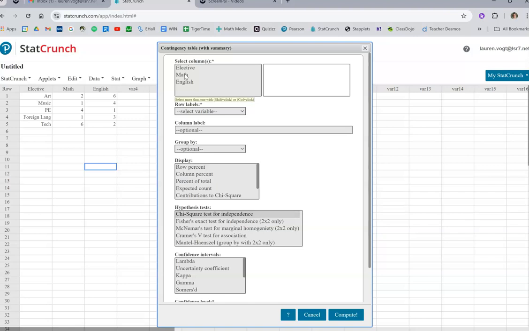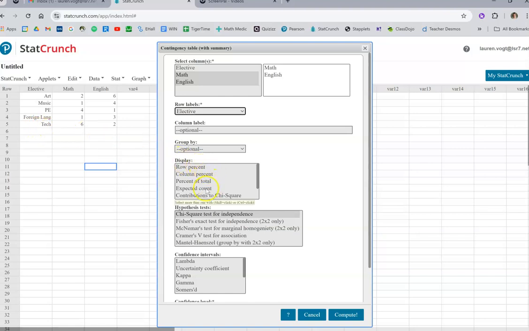So the column variable is the math and the English column. So we're going to select those two. And then our row label, the one that's labeling our rows, is the elective. So that column is all of our row labels.